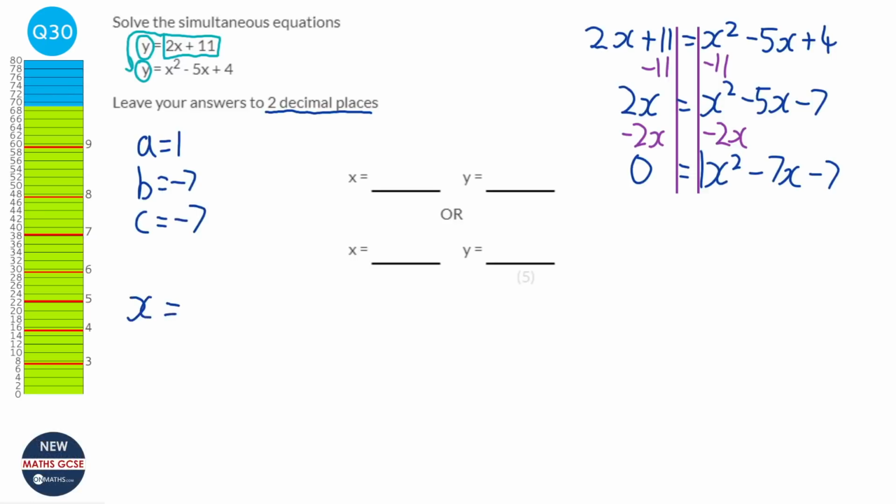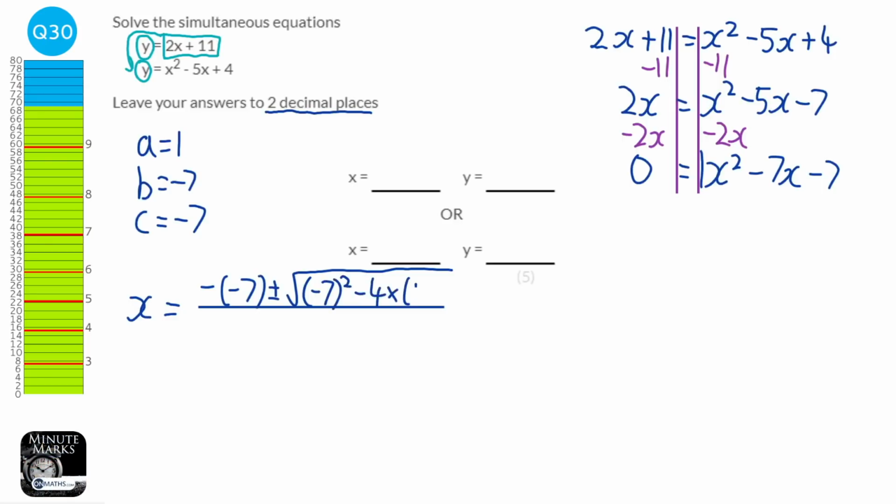So x equals minus b, and always put them into brackets, so minus (minus 7), plus or minus the square root of b squared, so in brackets minus 7 squared, minus 4 times a, which is 1, times c, which is minus 7. And all of that over 2a, so 2 times 1.